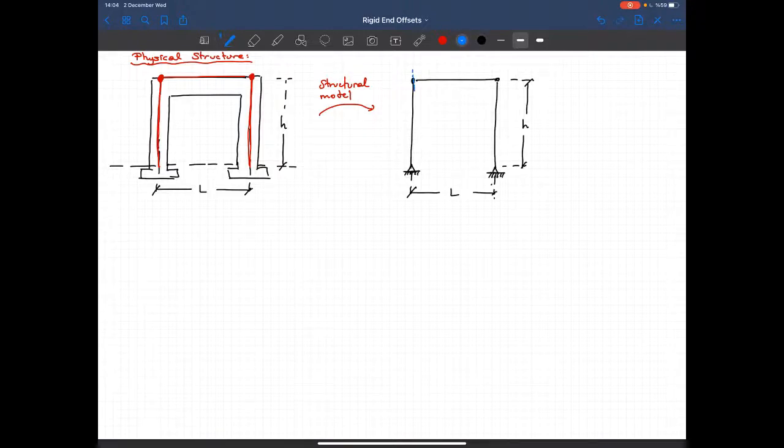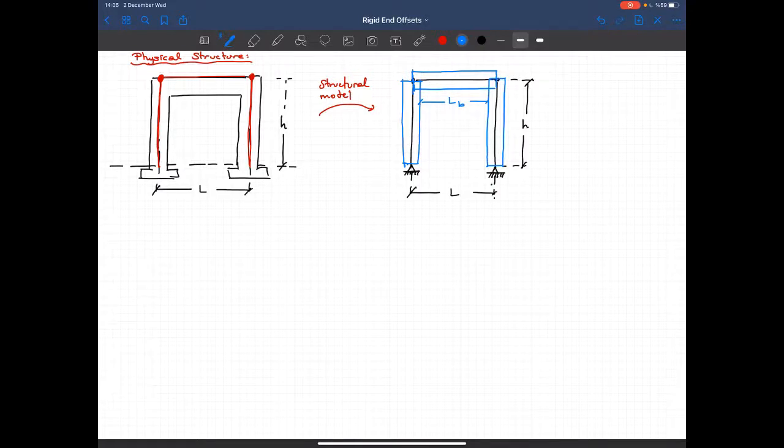I have a beam whose length is equal to L, and I'm modeling the beam from its center line, so I have a beam like that. And I have a column, and the column is modeled as follows. Okay, now we said that the actual length of the beam is this one.